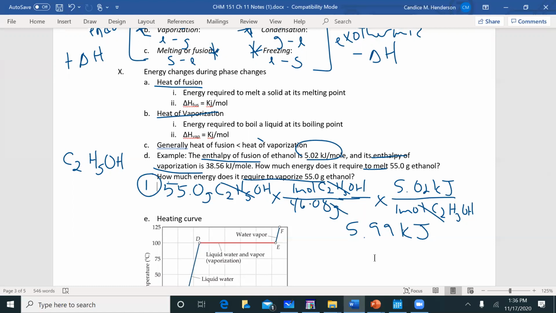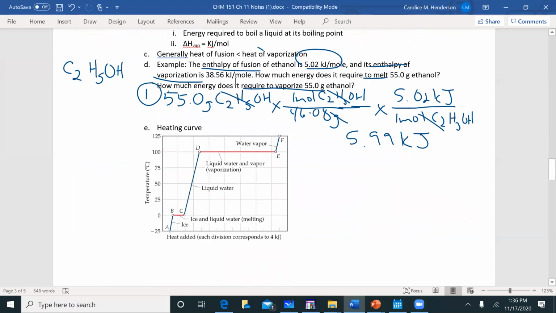Okay, so this one isn't really much of a stretch from what we did on the first one. The only difference is that we're not going to use heat of fusion. We'll use heat or enthalpy of vaporization.